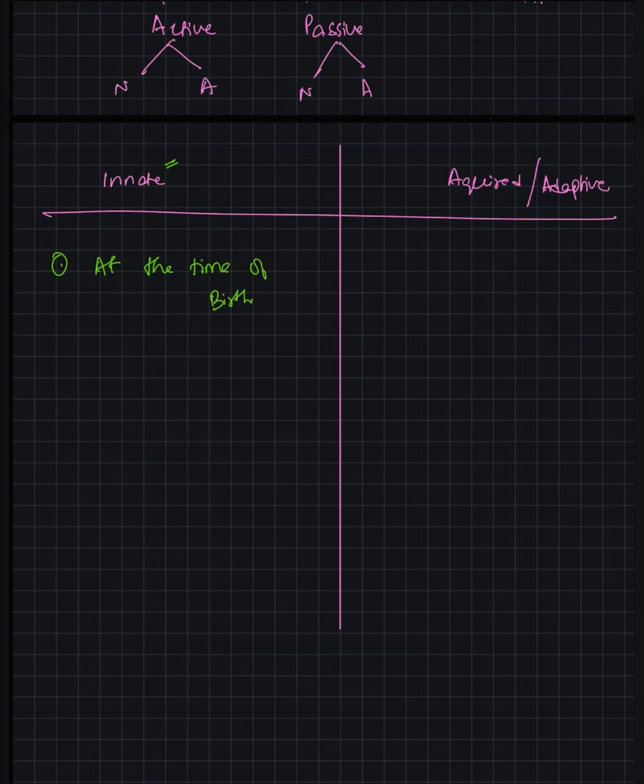And acquired is seen after birth. Second point is since it is present at the time of birth, it means it is already made before the child is born. So we can say that it is preformed immunity.